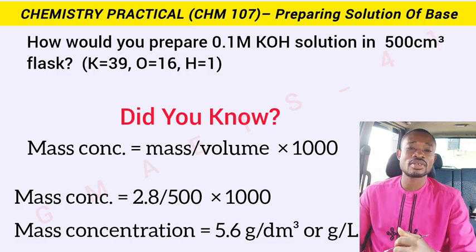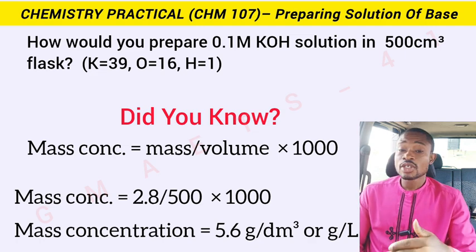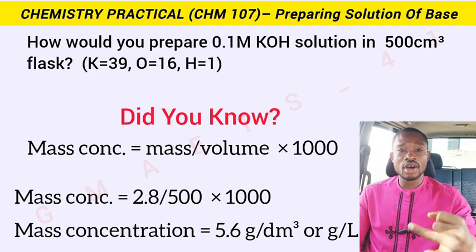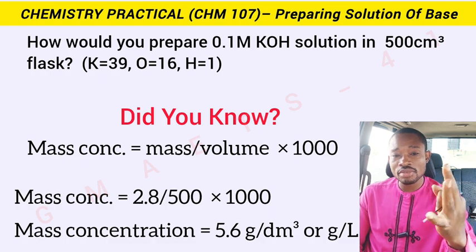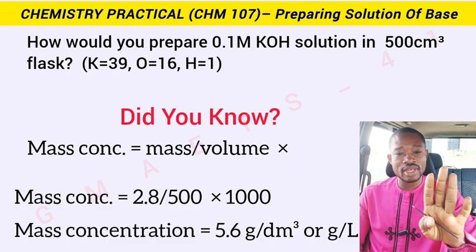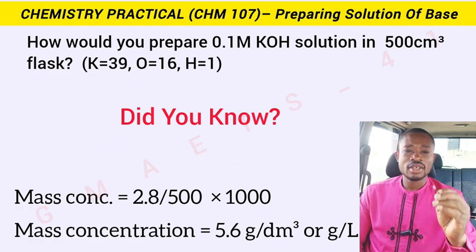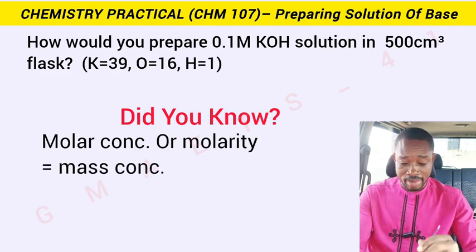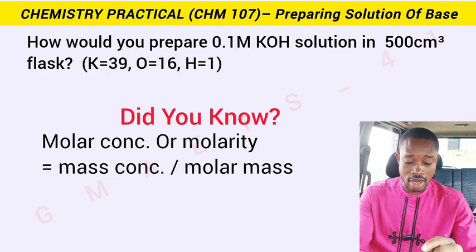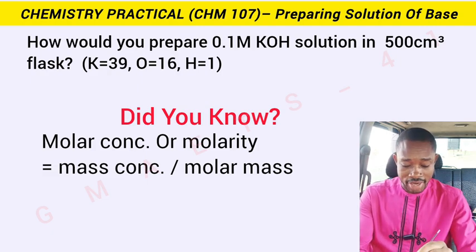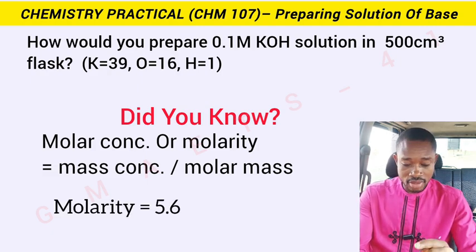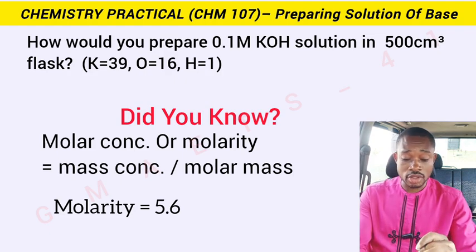I know the mass concentration to be 5.6. So simply, the molarity, or the concentration in mole per dm cube, or the solubility, or the CB, as you may choose to call it. Remember the formula is equal to mass concentration divided by molar mass. So let us find out. Mass concentration is 5.6, and then we are dividing by molar mass.